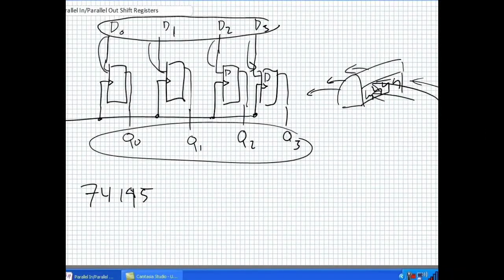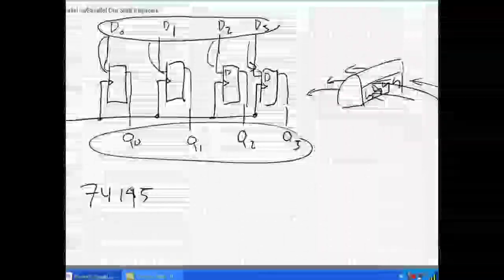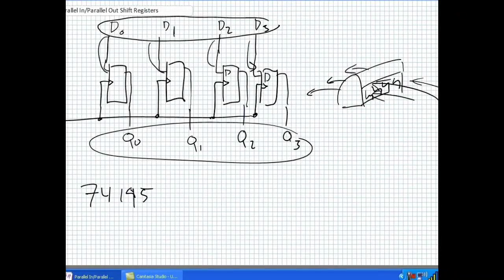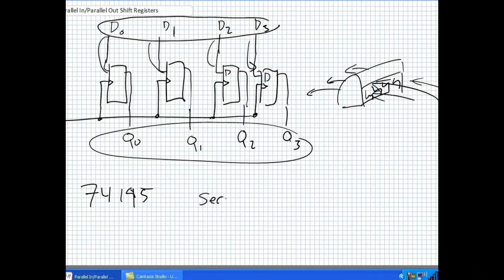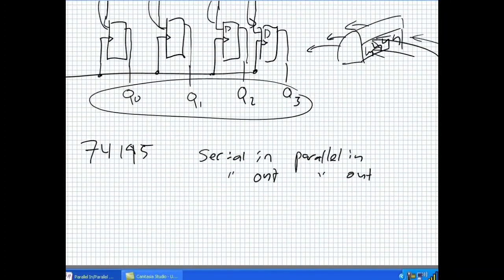And if you give it enough shifts, in this case 4, you could use the Q3 output as the serial output. Therefore, it's serial in as well as parallel in, and it's serial out as well as parallel out, depending on what mode you use it in.